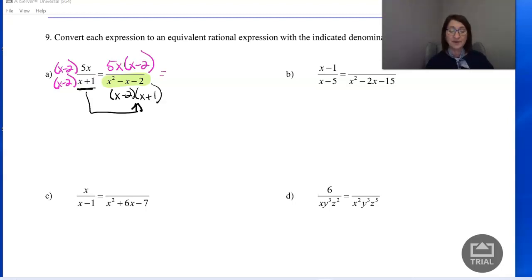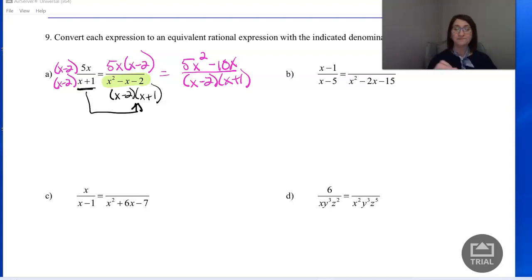I'm going to go one step further and distribute that 5x. So I'm going to get 5x squared minus 10x over x minus 2, x plus 1. There we go. All right, let's do the next one.